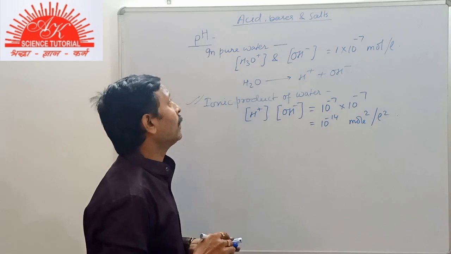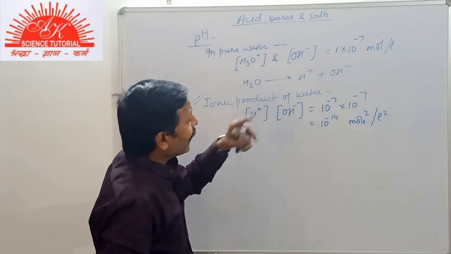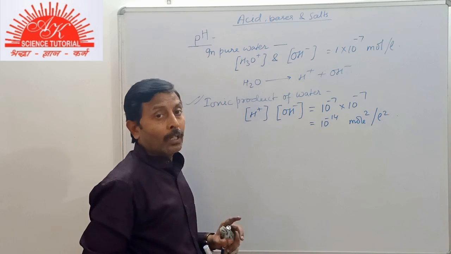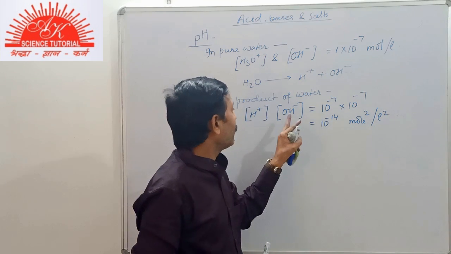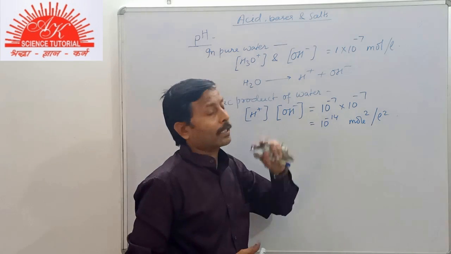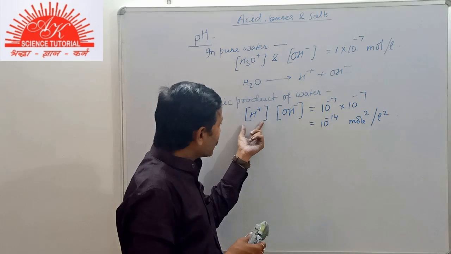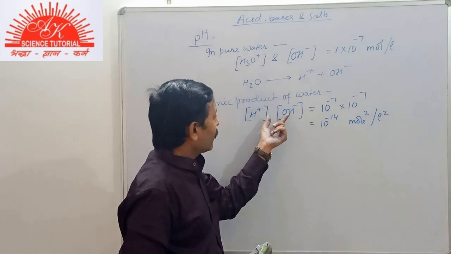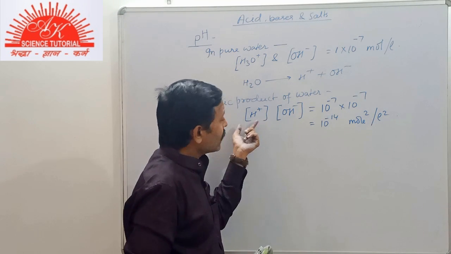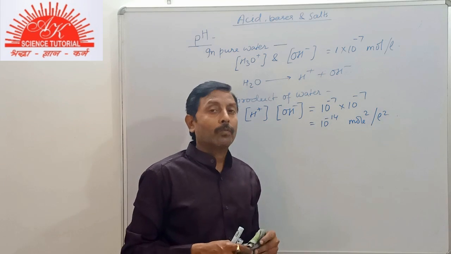It means that in any kind of solution, the overall product of the concentration of these two ions will be this one. Now, if this is in excess, the other will be less. If this is in excess, it will be less, but the overall product will be this one.